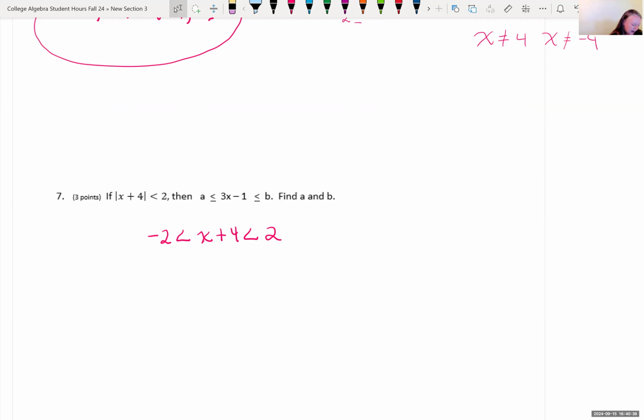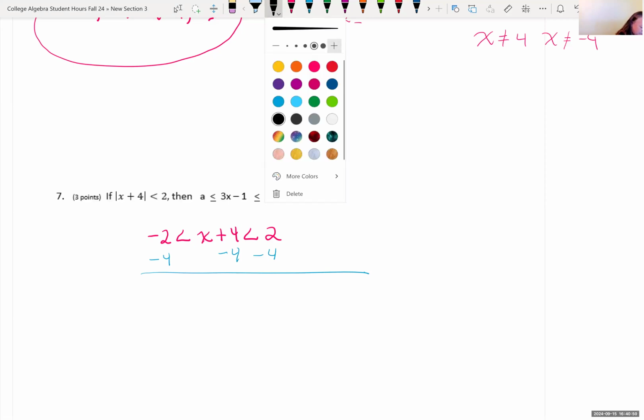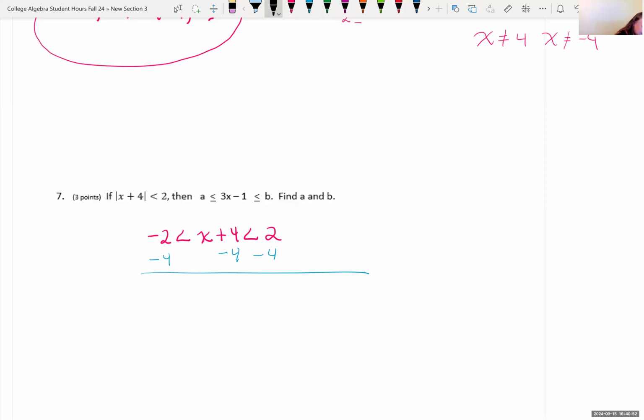And so let's subtract 4 on all the sides. If I do that, I get that negative 2 minus 4 is negative 6. So negative 6 is less than x is less than negative 2.